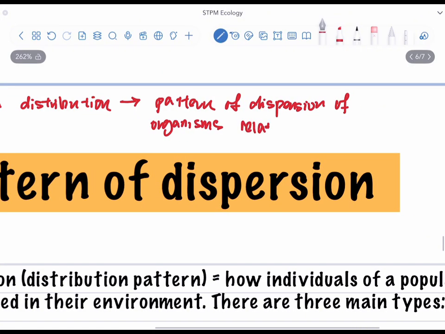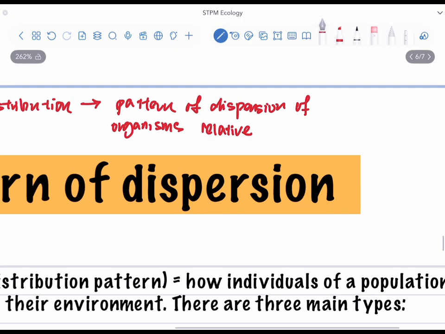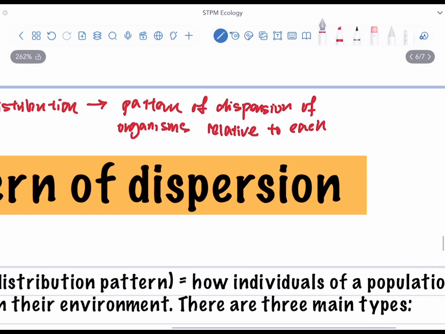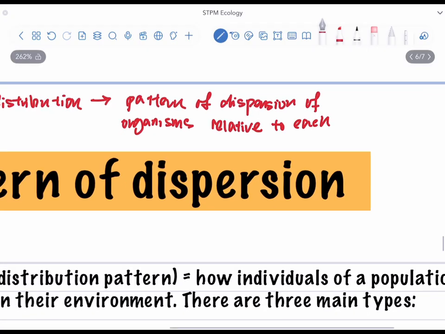relative to each other. So the meaning of relative is to compare. You need to compare one with another one. So let's say we compare A and B. So for population distribution, here we are going to compare the space between each other.